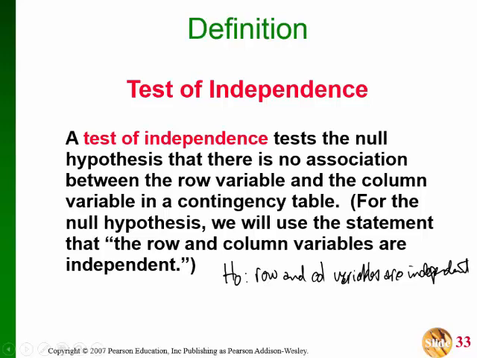So for all the types of problems that we're going to talk about in this section, it's a test for independence. So your null hypothesis is always going to be that the row and column variables are independent.